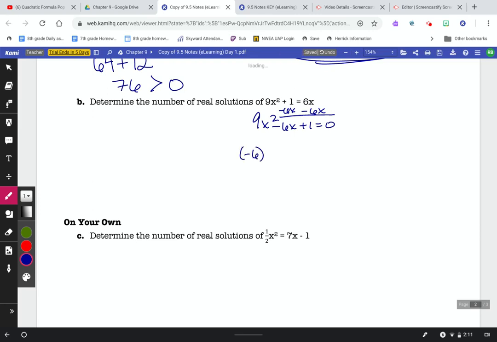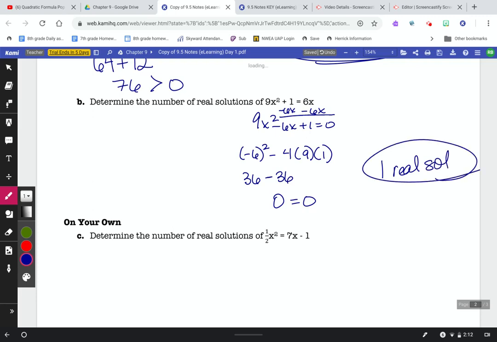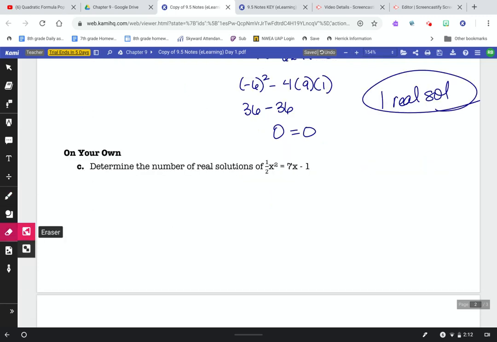So the discriminant b squared minus 4 times a is 9 times c is 1. 36 minus 4 times 9 is 36 times 1 is 36. You get 0. 0 is equal to 0. Therefore, there's only one real solution. Go ahead and try this one on your own. Pause the video and then unpause it to check your answer.